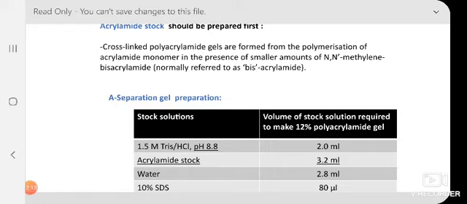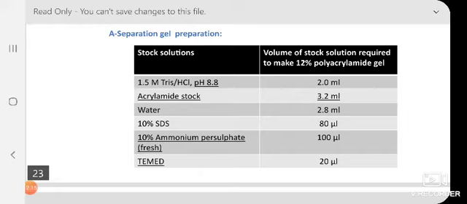gel. No need to remember how many ml we have added, only the composition, what things we are preparing. As I mentioned, separating gel pH is 8.8. What are the things present here? Remember Tris-HCl. This is the Tris-HCl buffer which already has 10% SDS, and you know acrylamide, bisacrylamide and APS as well as TEMED.